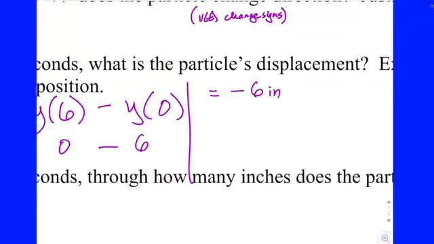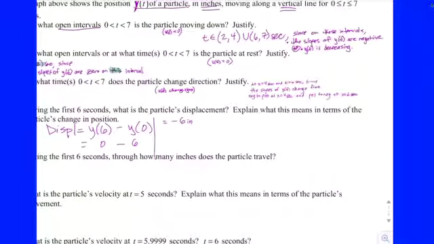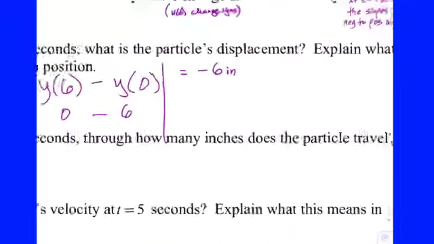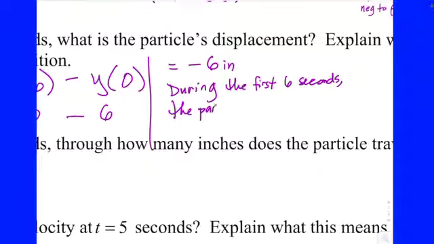Inches. All right, so the last thing here before we call it a day, explain what this means in terms of the particle's change in position. All right, so here's the sentence. During the first 6 seconds, the particle is, we could just say displaced.